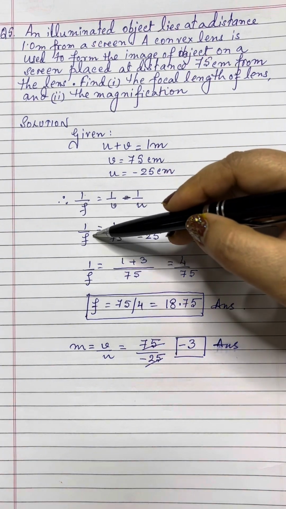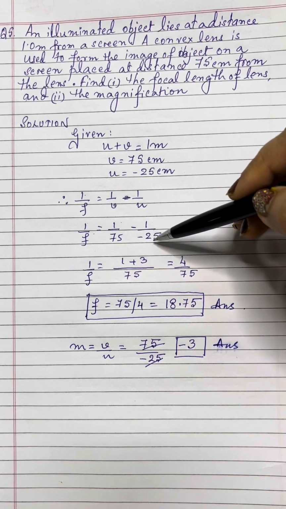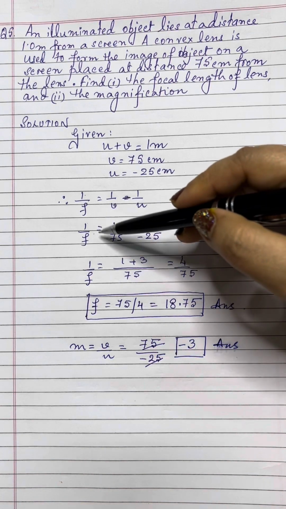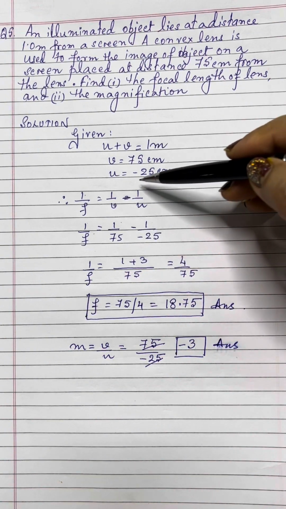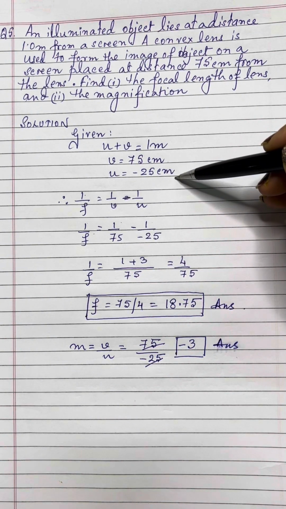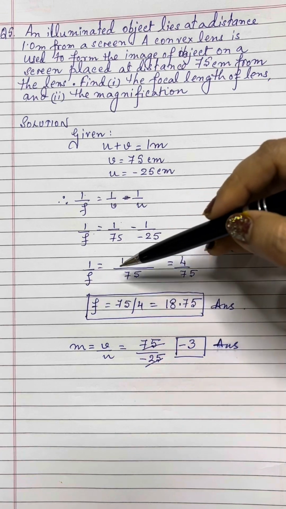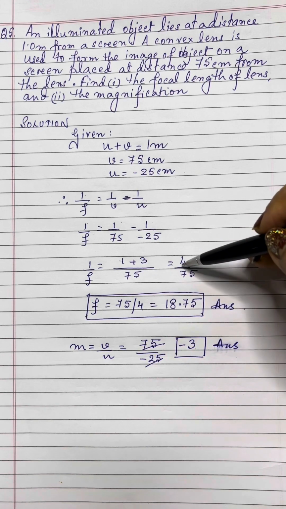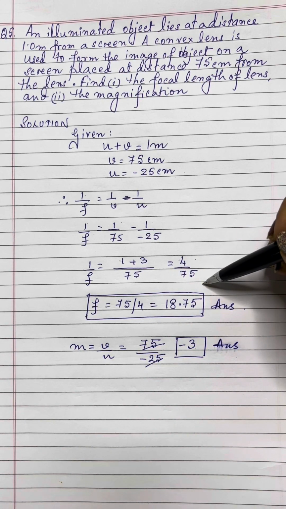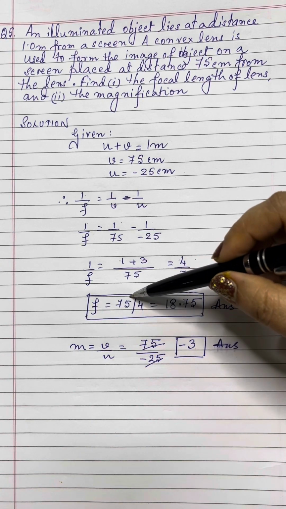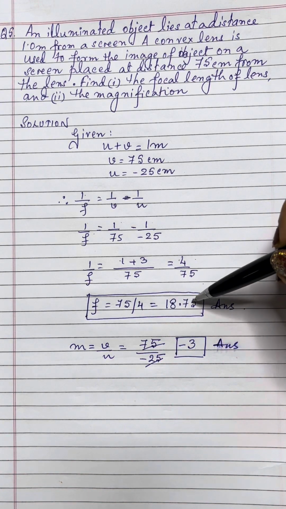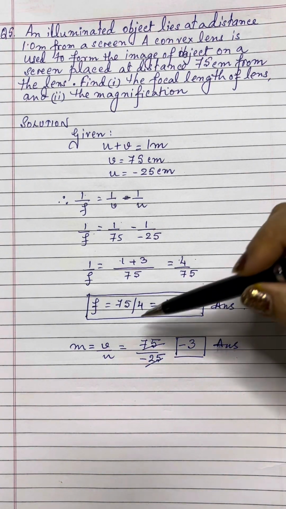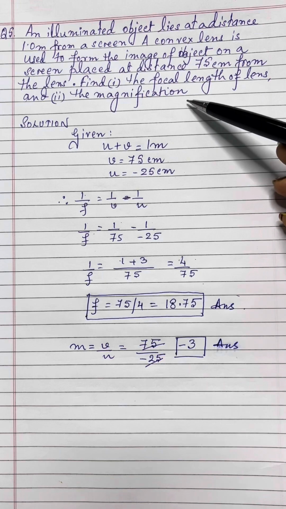We are going to directly substitute the values with the signs. So, we have substituted the values with the signs which we have written already over here. So, it becomes 1 by f is equal to 1 plus 3 by 75, that is 4 by 75. So, f is equal to 75 by 4, that is 18.75, that is the answer. And magnification, they have also asked for magnification.